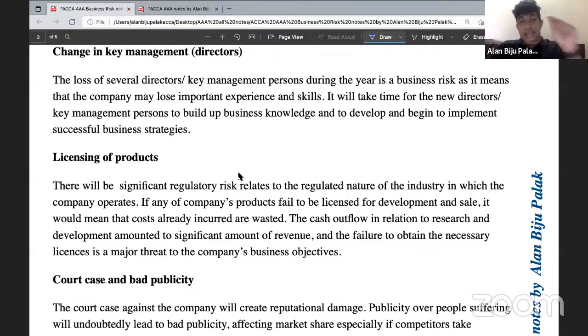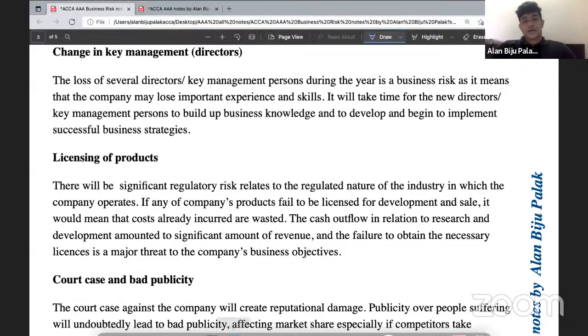But unfortunately, if the company is not getting license for this product, what will happen? There can be chances that the whole amount spent for the research and development will be worthless, because if we haven't got the license, we won't be able to sell this product to the end customers, and it will also affect the company's revenue generating abilities.